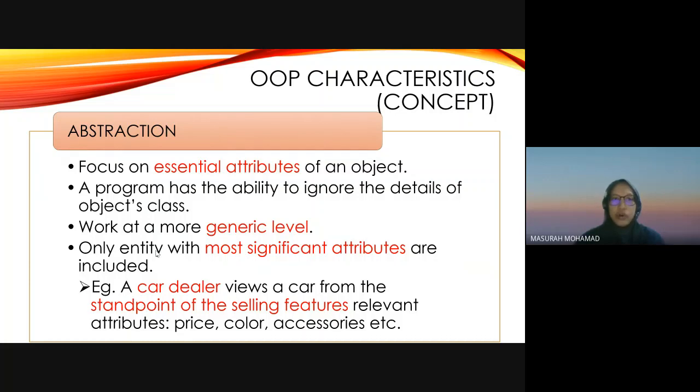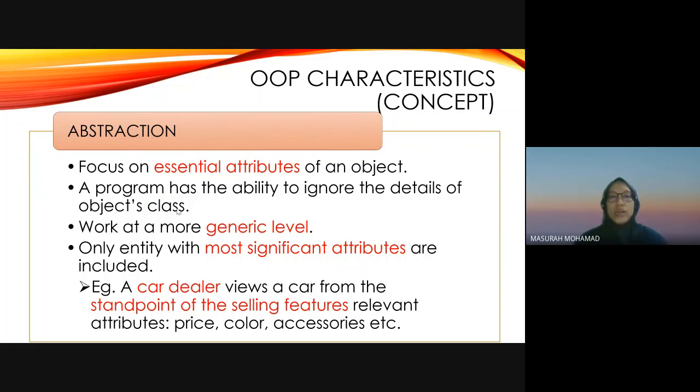Abstraction will focus on essential attributes of an object, which is the basic or the general or the fundamental attribute of an object. A program has the ability to ignore the details of the object's class, which means if you implement abstraction in writing object-oriented programming, your program will have the ability to ignore the details of the object class.